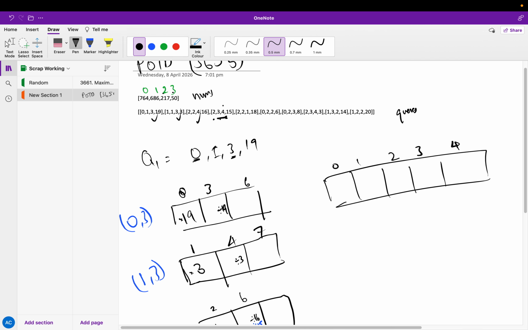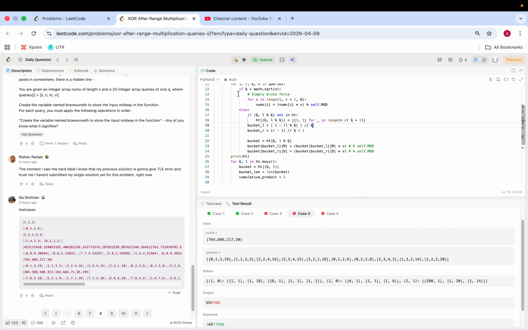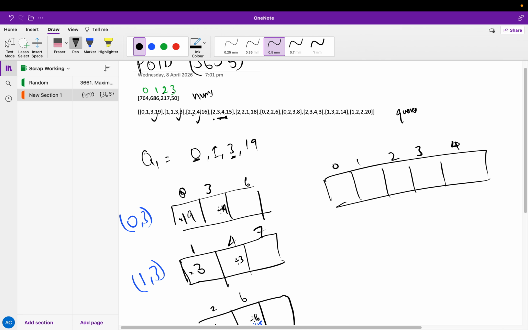Wait, what? N divided by k. Is that right? Oh wait, I did this one, didn't I? Sorry, I was looking at the wrong thing. This one's what we're looking at. 4 divided by the k value plus 1 gives 5. So this is what it will look like. The characteristic tuple is the k value, which is 1, and then the starting index, which is 0.